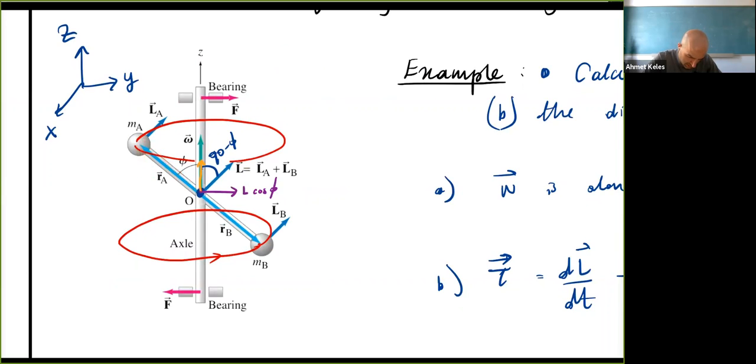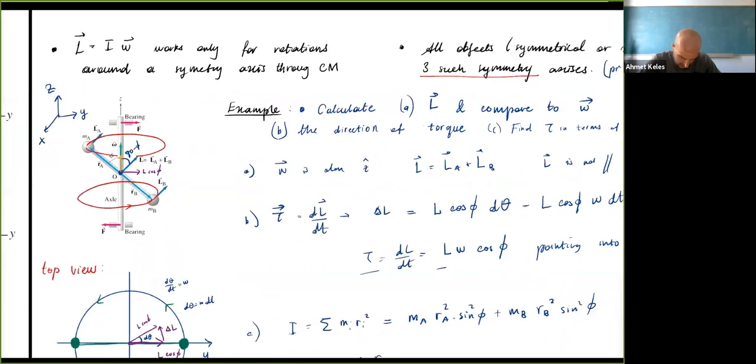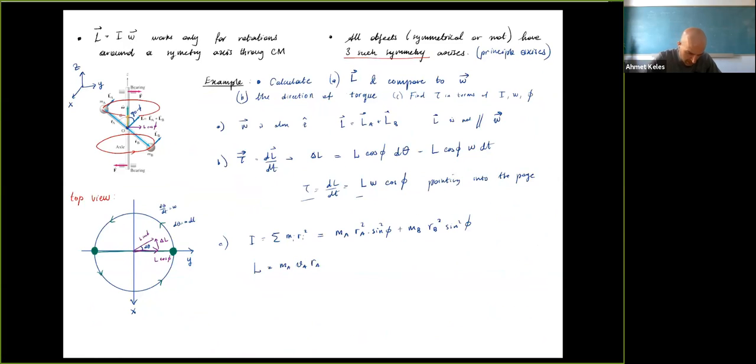Plus MB VB RB. But now let's write VA and VB.